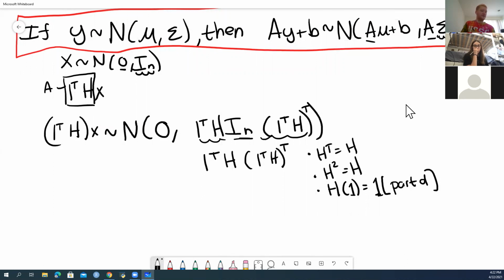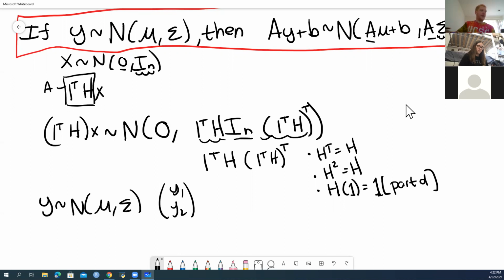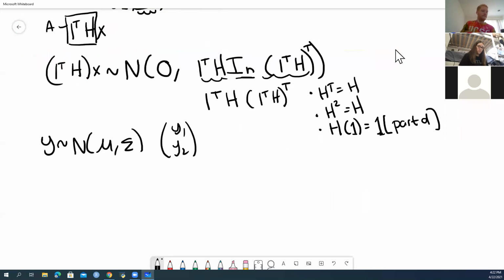the conditional distribution. So if y is distributed as normal mu sigma, and then you partition y into y1 and y2, then y1 given y2 is distributed as normal. It always seems so stupid to do this, but whatever.